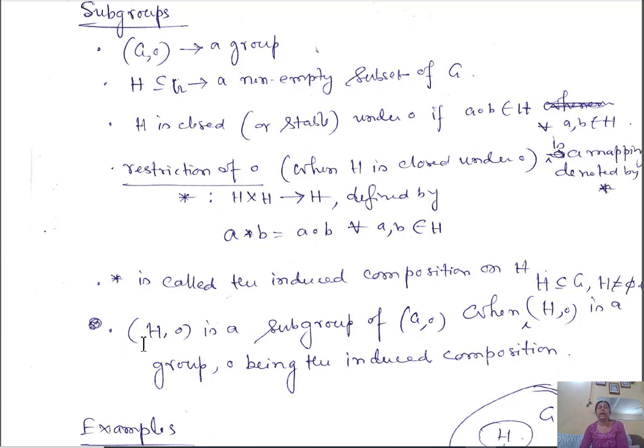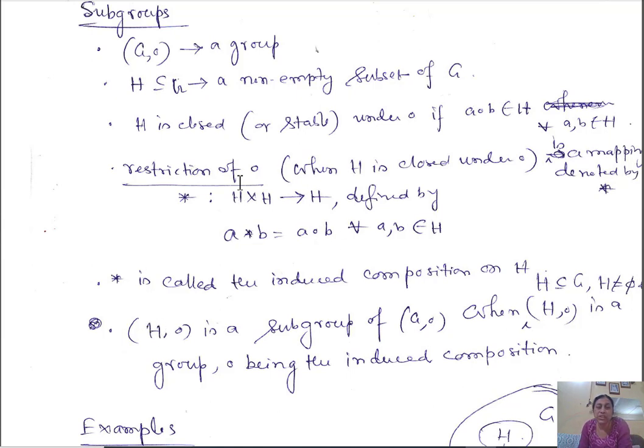Now we say (H, ∘) is a subgroup of (G, ∘). That means this ∘ is essentially that star operation, the induced composition. So (H, *) is a subgroup of (G, ∘) if H is a non-empty subset of G, and this star is the induced composition. This star and this ∘ are essentially the same when this star is defined in this way.